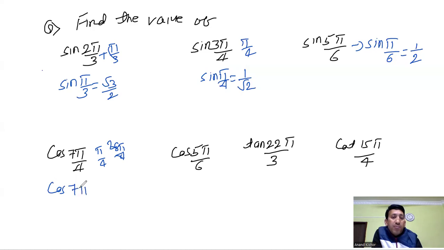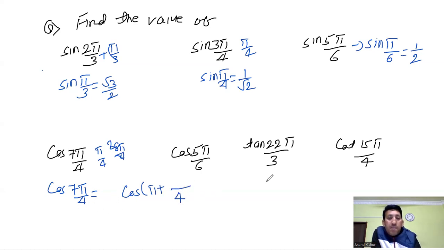So for cos 7 pi by 4, what will I do? Leave pi, and just see 7 by 4. 7 divided by 4 is 1 point something, so we have to add 1, meaning we add some pi. So cos 7 pi by 4 means cos of pi plus something, with denominator 4.